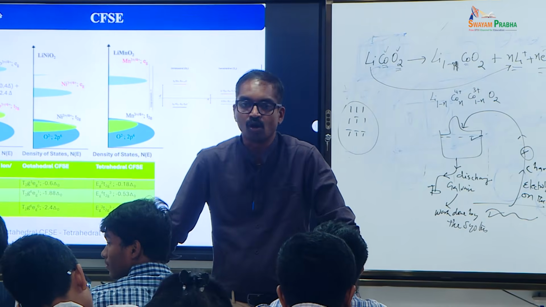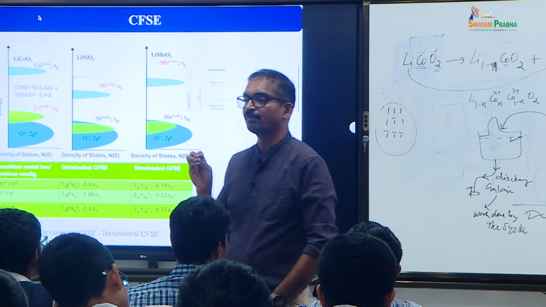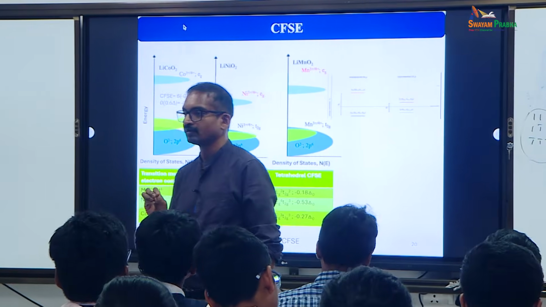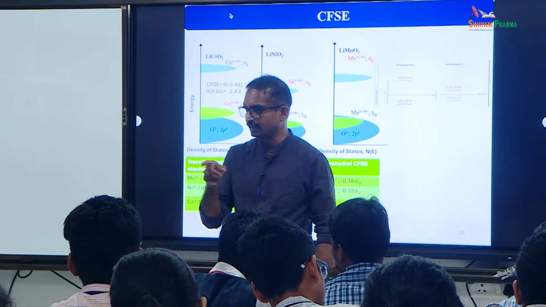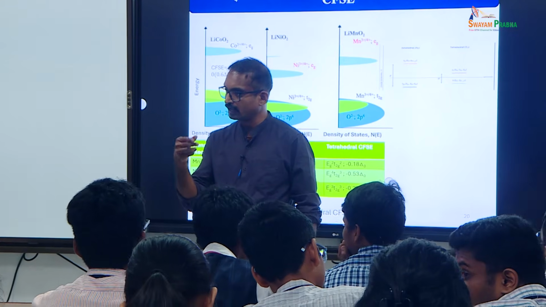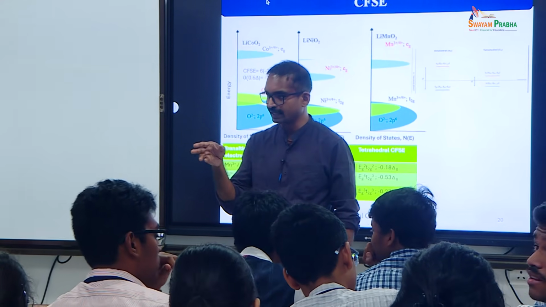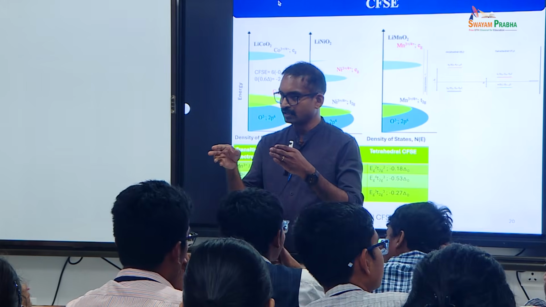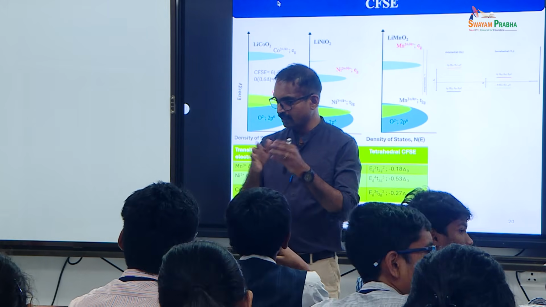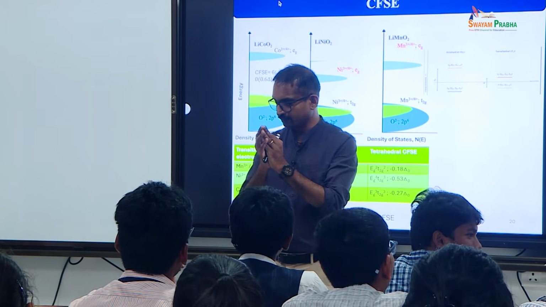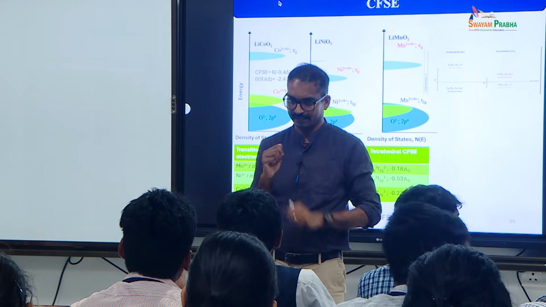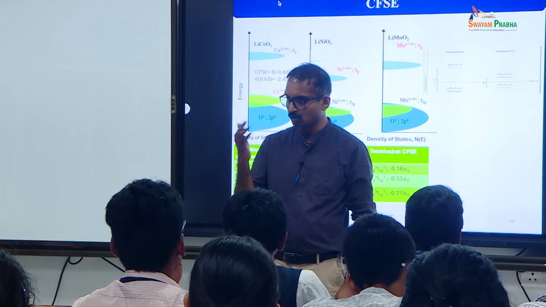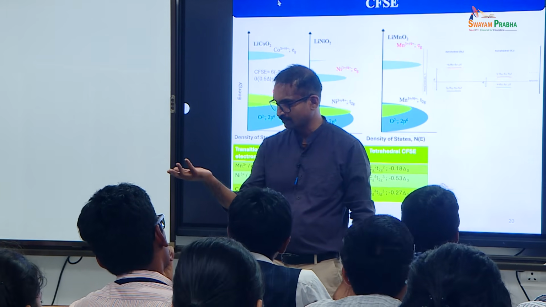Correct? So cobalt 3 plus is a hypervalent cation. As you go in the periodic table from left to right, you are adding more and more nuclear charge, but your shell is not increasing. As a result, the dominance of the nucleus will be felt and your radius shrinks. As a result, cobalt unusually has a smaller size. Cobalt 3 plus more so because it has lost 3 electrons.